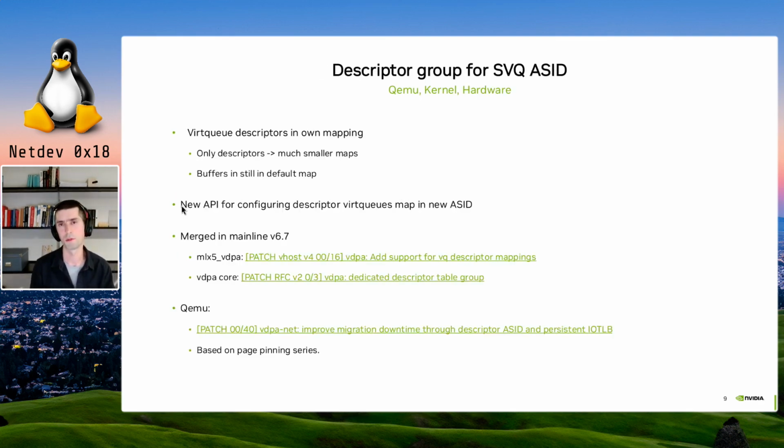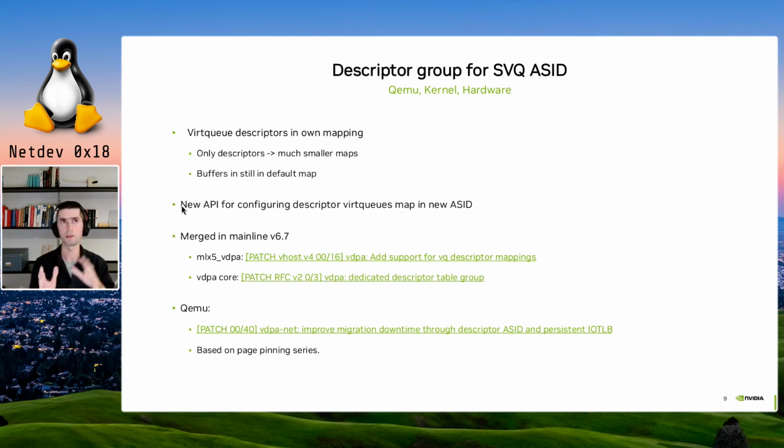This is more of a device-specific thing, but the change was in all levels of the stack: QEMU, kernel, and hardware. The idea is to have a separate mapping that contains only the descriptors for the shadow work queues and the control work queue, and program this mapping with the descriptors into the hardware work queues. The hardware work queues now have support for this.